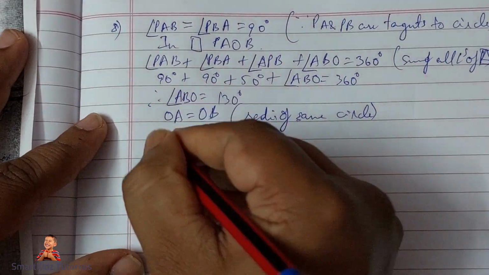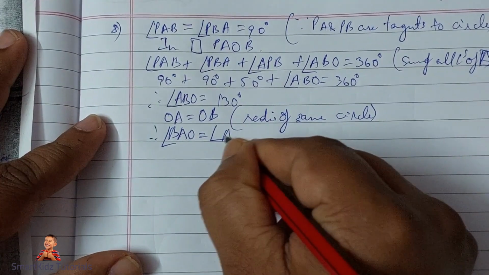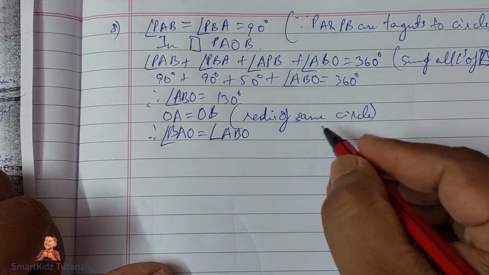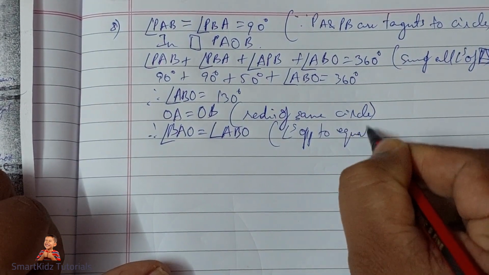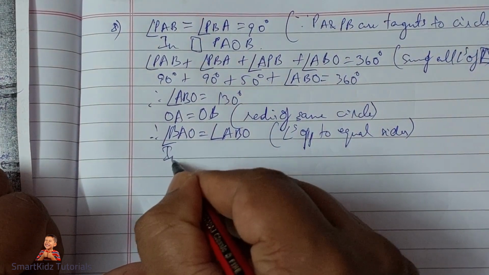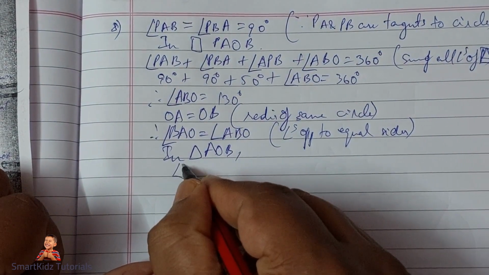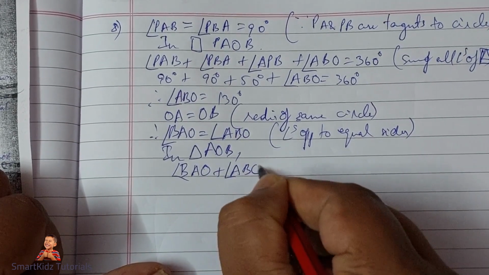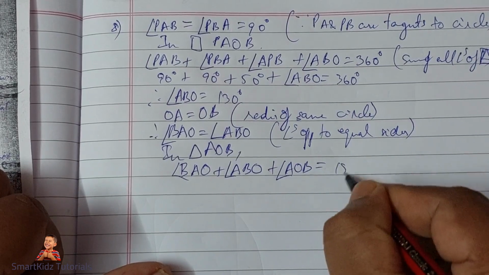Therefore angle BAO is equal to angle ABO, angles opposite to equal sides. And in triangle AOB, angle BAO plus angle ABO plus angle AOB equal to 180 degrees.